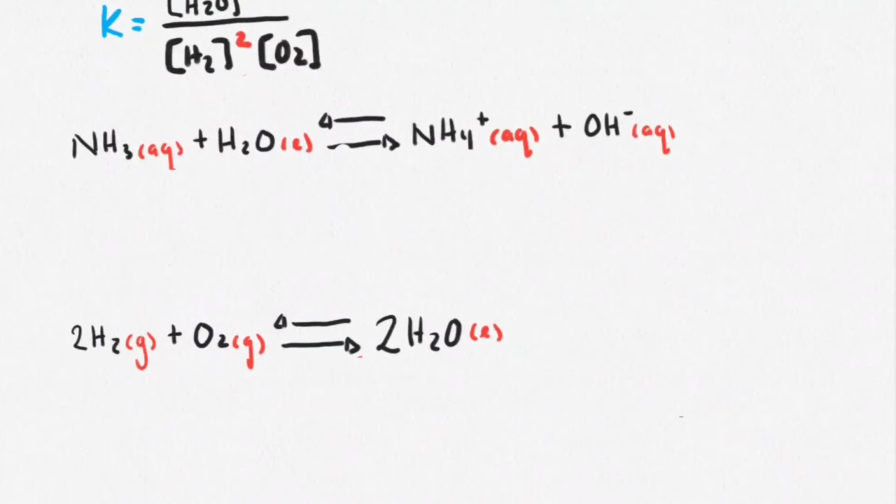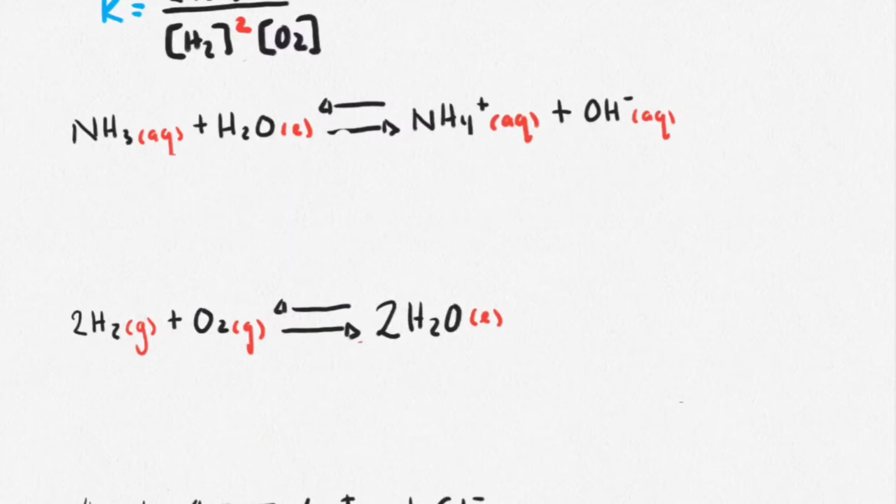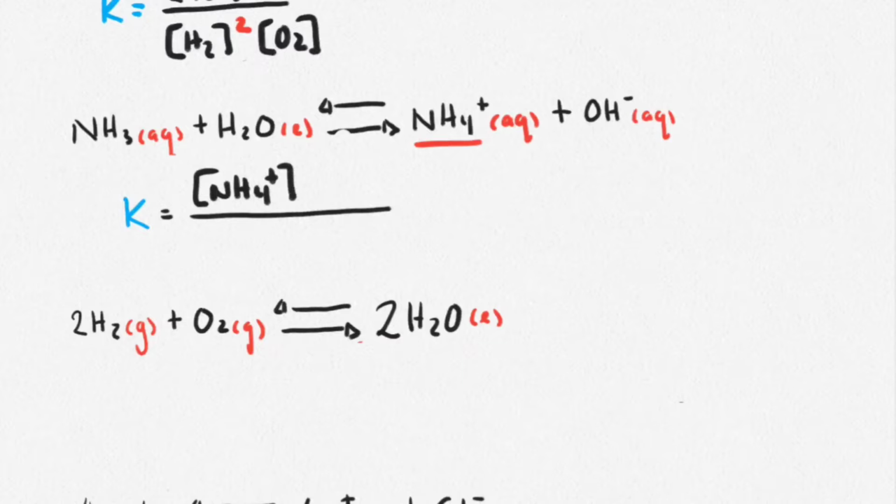For the next reaction, I'll do the same thing. I just write out my K first. I have two products in this reaction. First one is NH4 plus. Go ahead and bracket that. Its coefficient is 1, so I don't have to write that out. Next one is OH minus.